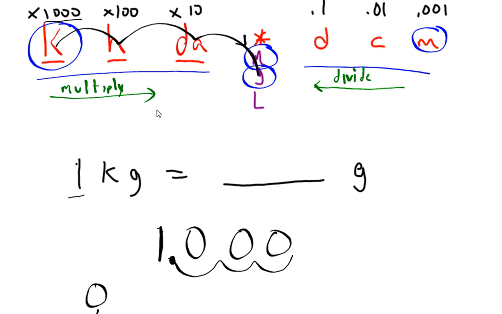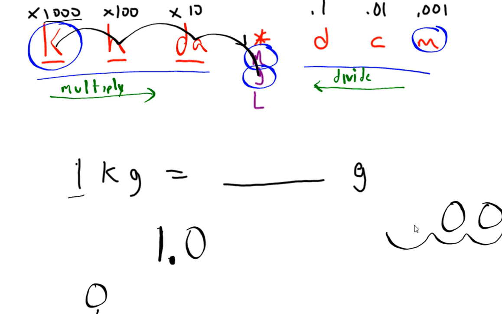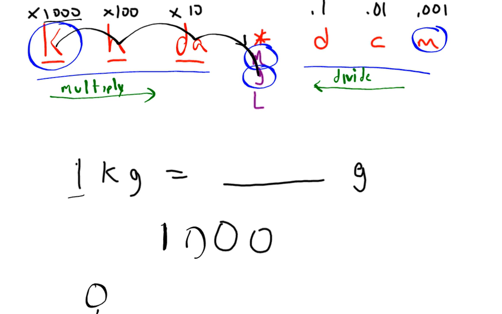What goes here? Zeros. That decimal just moved. All right. And so 1,000 grams.